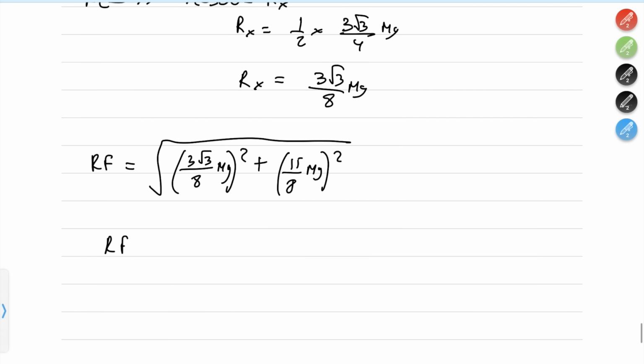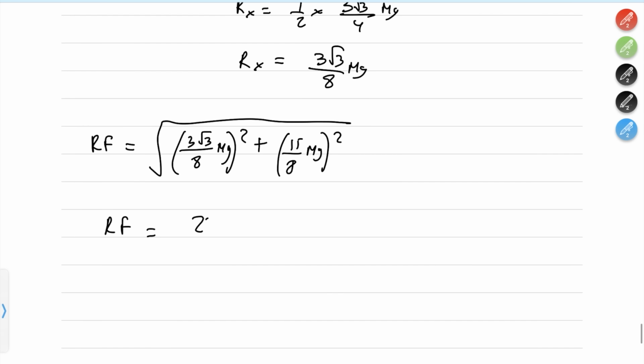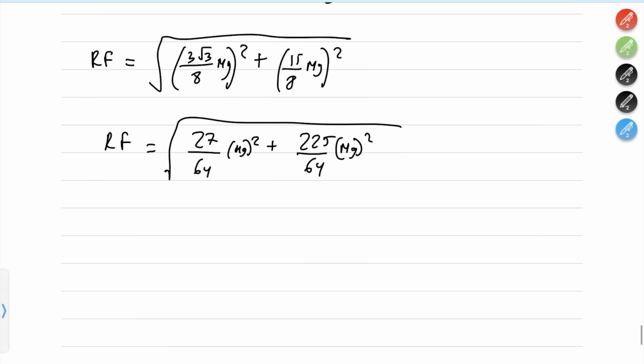So Rf is equal to 27 over 64 mg squared plus 225 over 64 mg squared, square rooted. I'm going to factorize out the mg, because that's in both of them, and if we just square root a square, it will just become itself.